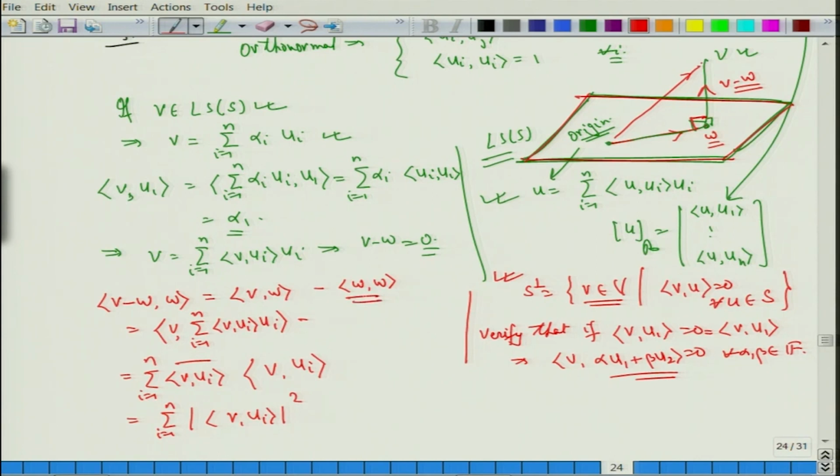And what is this? Let us look at, go back, anyway, let me do that also for you. This is nothing but norm of W square, and what is norm of W square?